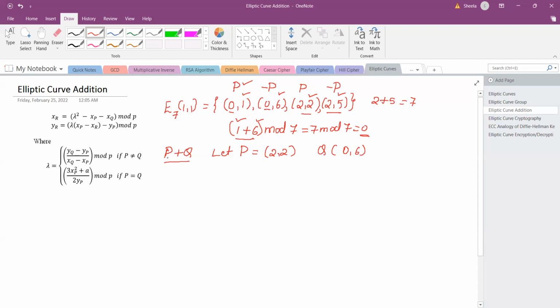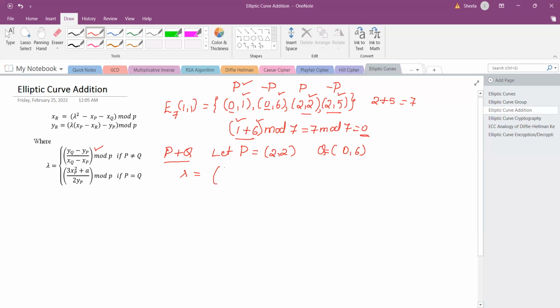When P and Q are not the same, what do I have to do? I need to use this expression to find lambda. So lambda will be equal to yq minus yp by xq minus xp mod p.